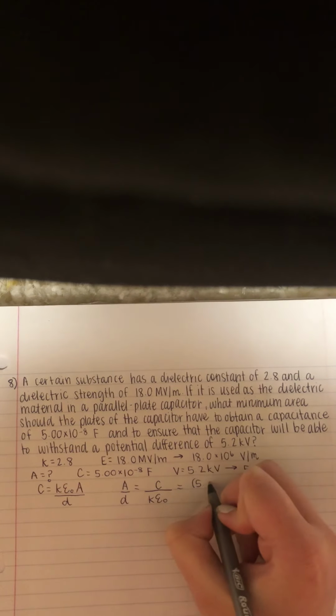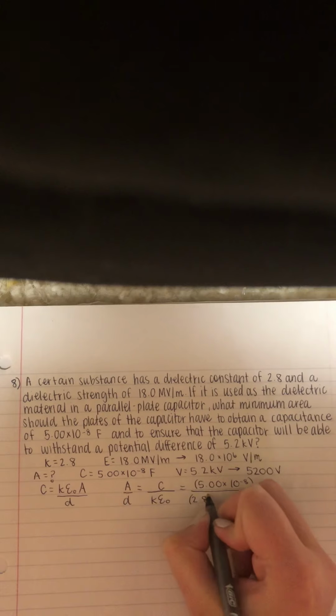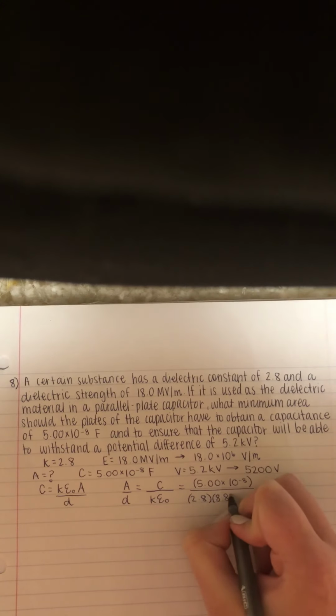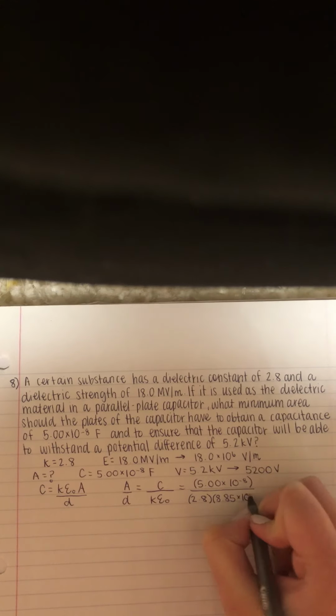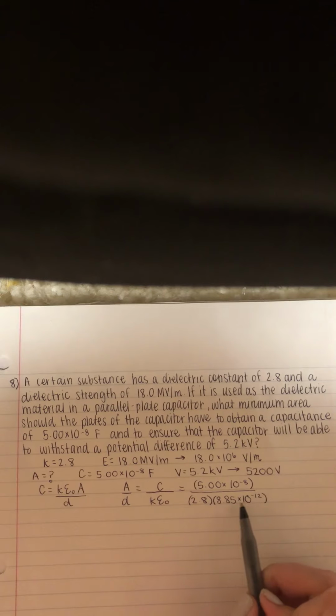And now just plugging in, we have 5 times 10 to the negative 8 over 2.8 times 8.85 times 10 to the negative 12, which, like I said, this epsilon naught value is just a constant.